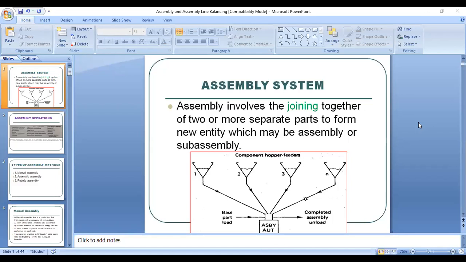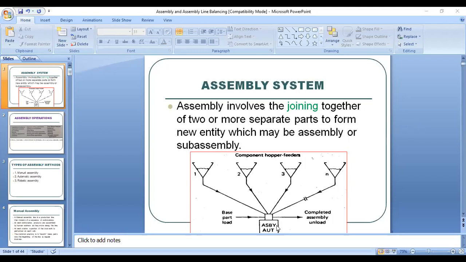For example, in automotive you have the engine assembly, the powertrain assembly, the chassis, the bottom part of the vehicle, and the top part, the BIW, body in white. All those are different subassemblies that lead to the assembly of the complete product, that is, the car. So it could be an assembly or a subassembly. I want you to know that.